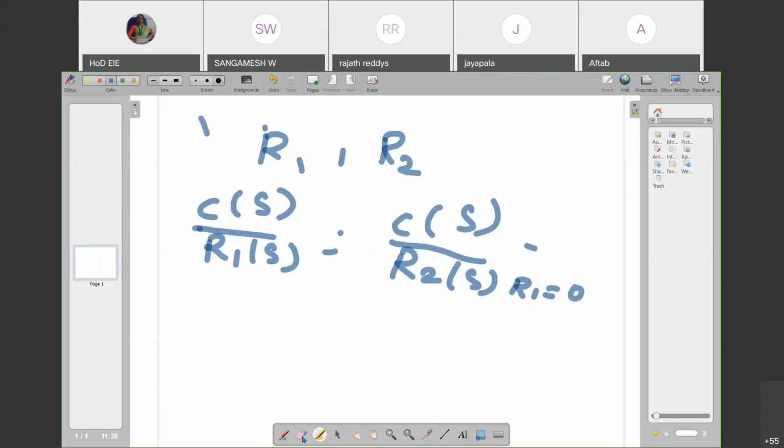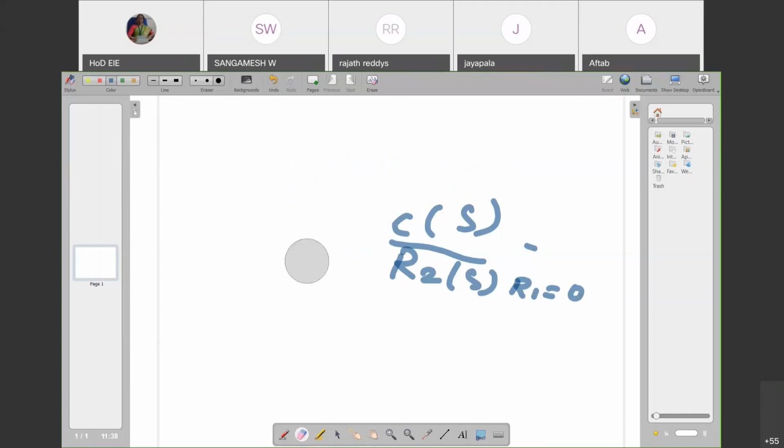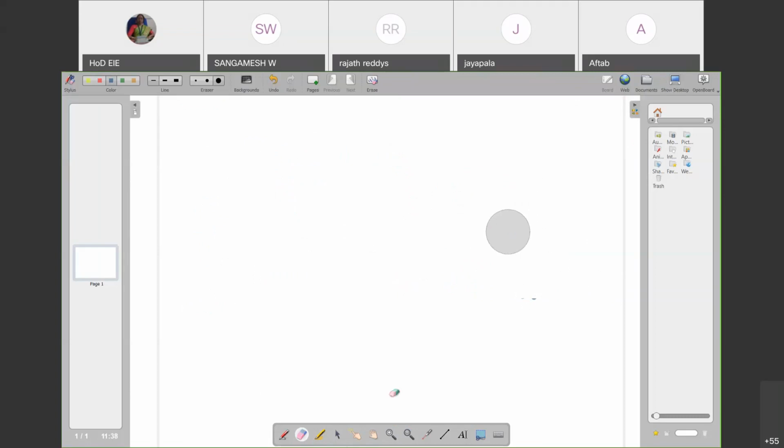Now, can you tell me what are the steps to be done? One of you. Look at the figure and tell me, because I guess everyone is having the circuit, the block diagram, with you. Can you see the block diagram with R1 and R2?